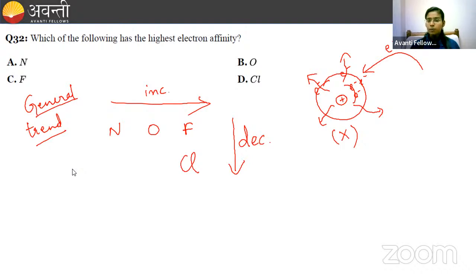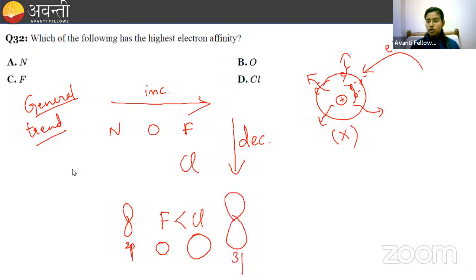Now if I compare fluorine and chlorine, chlorine will have a higher electron affinity value than fluorine because of size. Fluorine is smaller in size, so it has only a 2p orbital, which is smaller. Chlorine has a 3p orbital, which is bigger compared to the 2p orbital.